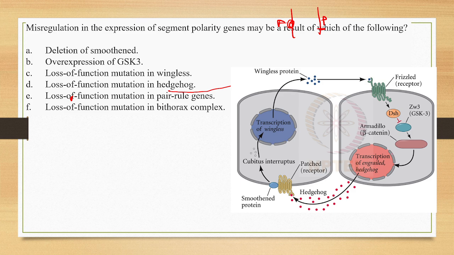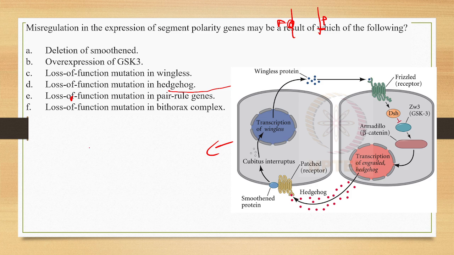Through the downstream processing, transcription of engrailed as well as hedgehog takes place, and this hedgehog is again a secretory protein. It is secreted from the engrailed producing cell and binds to the patched receptor. So this is the whole mechanism which regulates the expression of segment polarity genes.